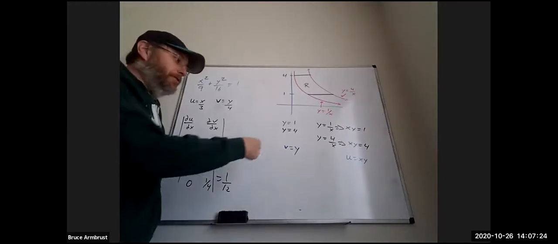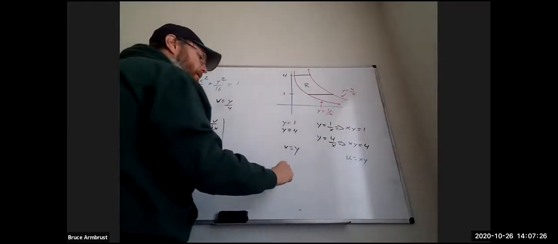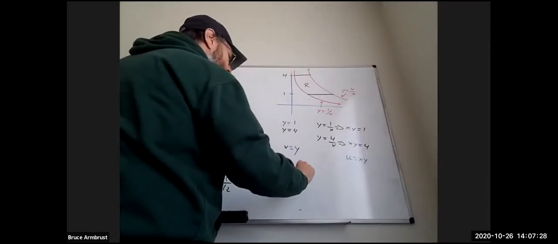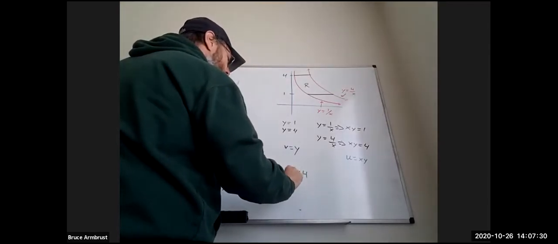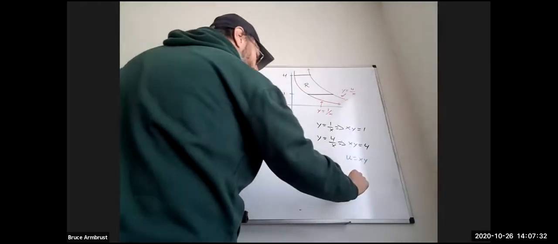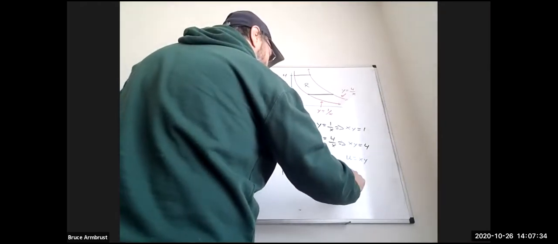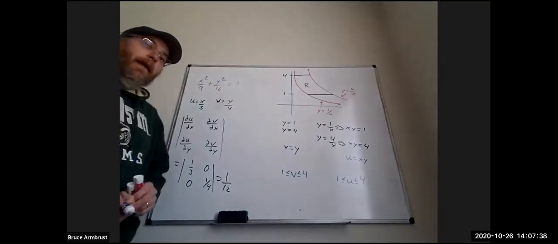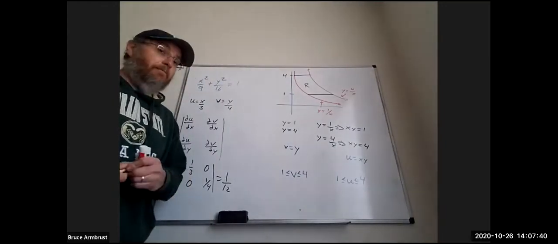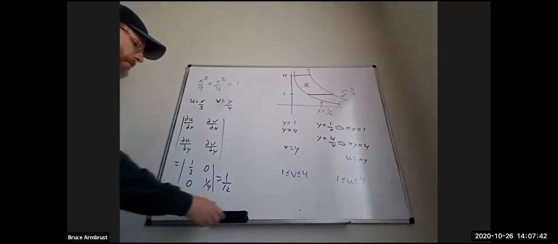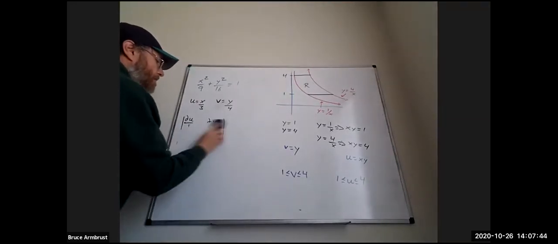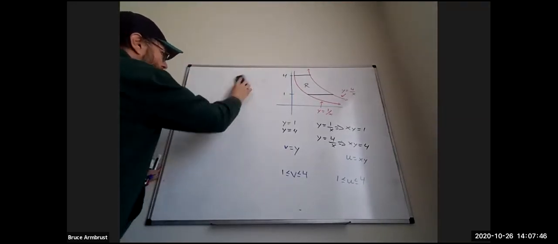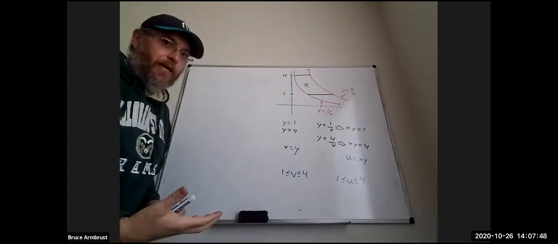So if I do these transformations, this is going to make it so that my v's are between 1 and 4. And my u's are also between 1 and 4. And so my integral is going to be much easier. I don't remember what our exam question was, like what we were integrating.